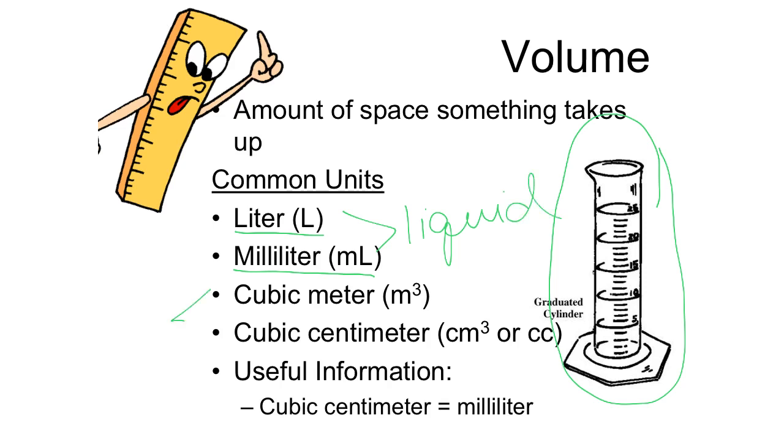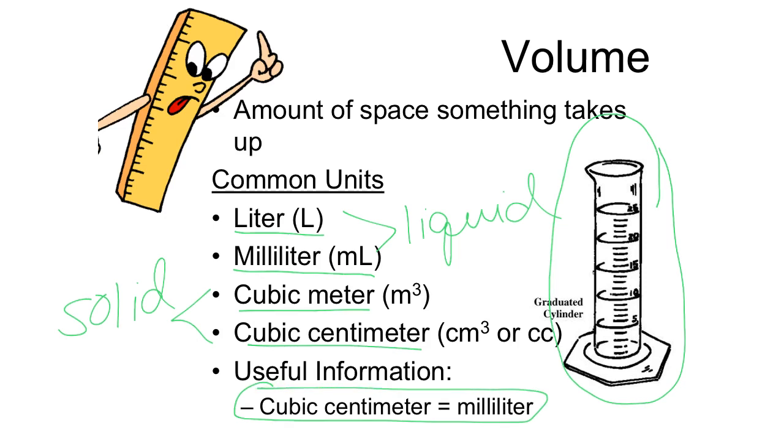If we were working with a solid object, we might be doing length times width times height and getting a volume in either cubic centimeters or cubic meters if it's very large. And a cubic centimeter is equivalent to a milliliter. So we may have to convert between those when we are doing density problems.